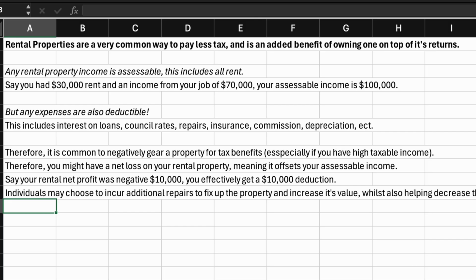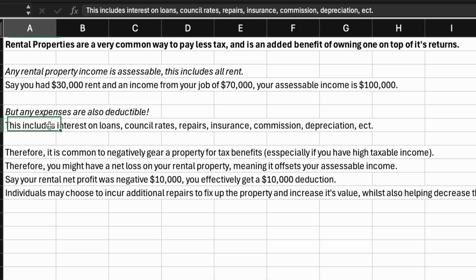So the basics of rental properties is, of course, any rent or income from the property is assessable income. So if you have $30,000 of rent, that's assessable income. Say you also had $70,000 from your job, your assessable income total would be $100,000 plus anything else you have. But the benefit comes from any expenses incurred from this rental property being deductible.